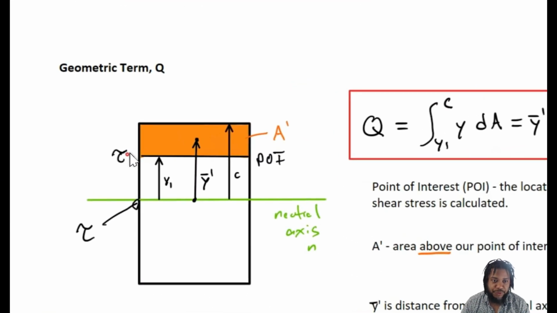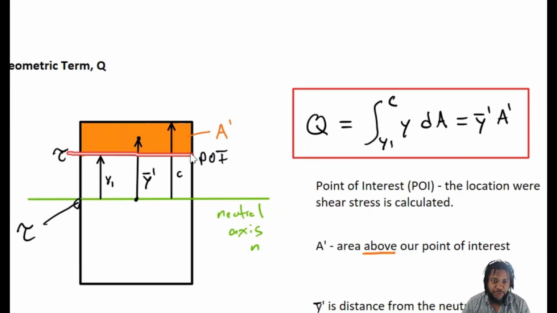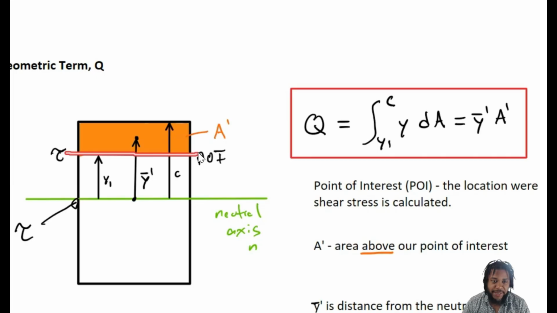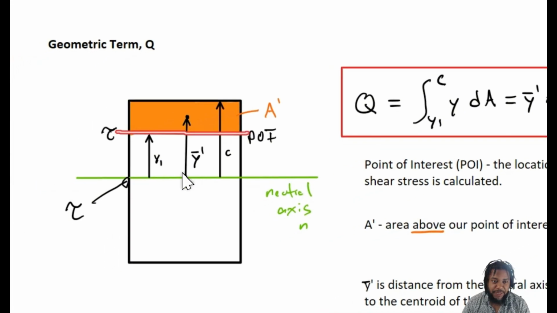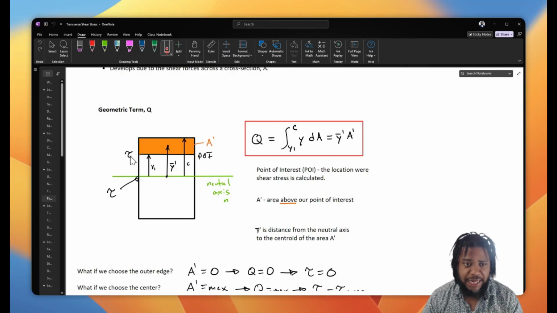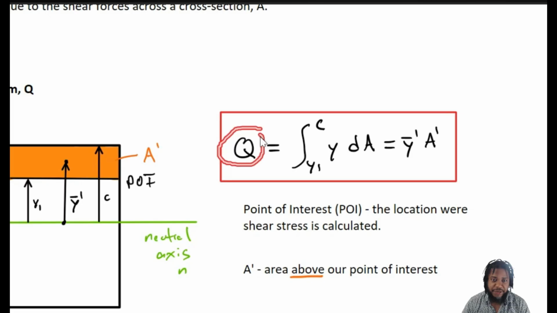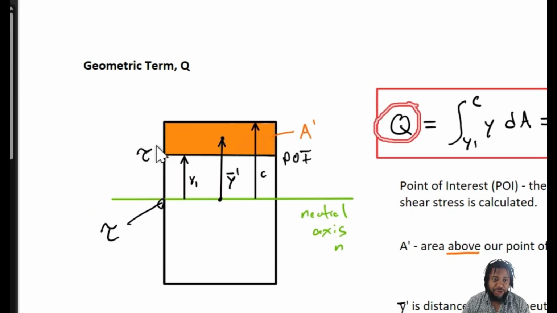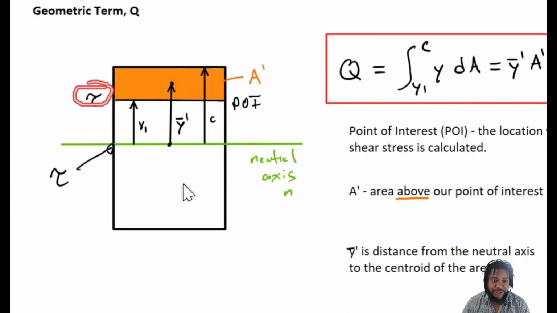So if we want to calculate the transverse shear stress along this line in our geometry, we have to find the centroid of the area above that line and the value of the area above that line, right? If we can do that, then we'll be able to find the transverse shear stress. This Q term can help us understand how shear stress develops along our cross section.